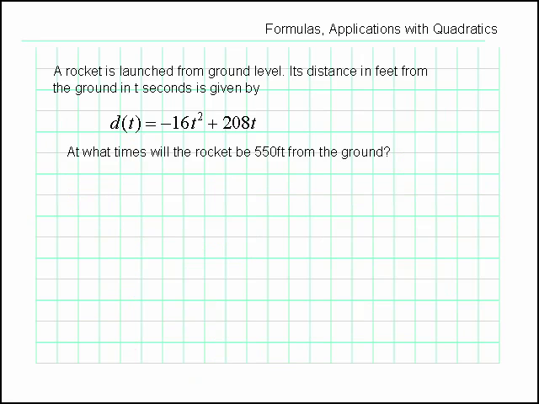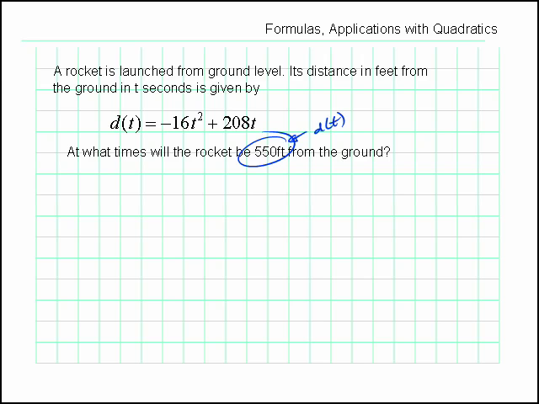Okay, one last problem. A rocket is launched from ground level. Its distance in feet from the ground in t seconds is given by this function. At what time will the rocket be 550 feet from the ground? Okay, the 550 here is the distance. This is the d of t, the distance.